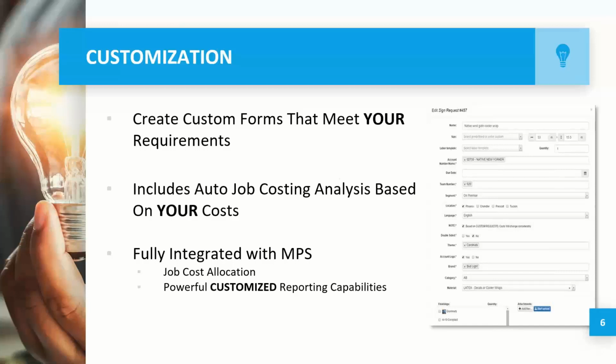So did you want them to tell you what account it was for, or what brand it was for, or what theme it was for? All of that automatically gets compiled onto the job that was captured and filed away so that you can then run these powerful customized reports based off of cost allocation. How much did we spend last quarter for Joe's Bar and Grill for March Madness?